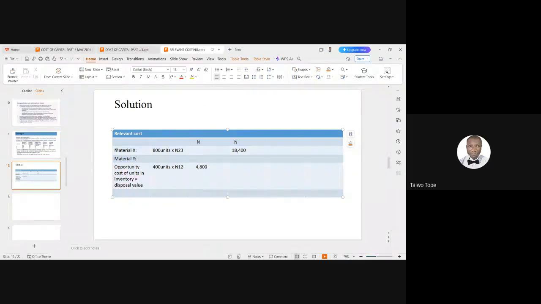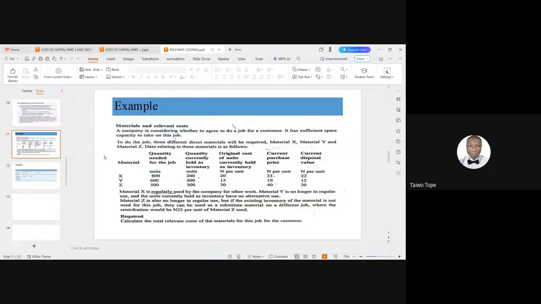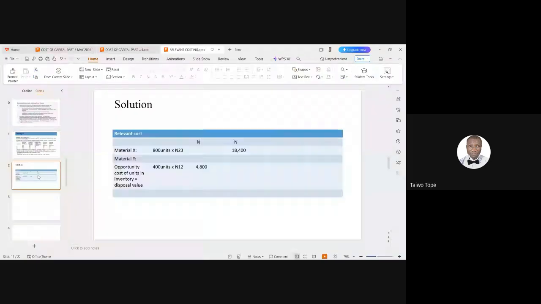The order balance required, because you need 600, you've analyzed the relevant cost of 400 units in stock. You need a balance of 200 units. So you need to purchase what? The relevant cost of the additional purchase will be what?